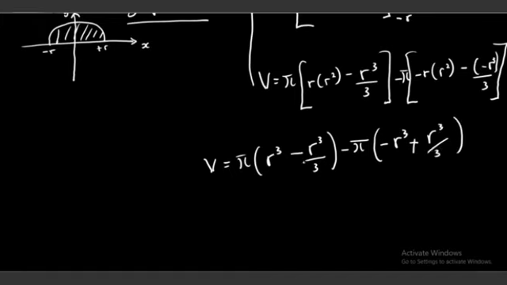Close the bracket. Then you can simply factorize out your pi. Then your volume will be pi into bracket, solving this particular one, r cubed minus r cubed over 3, and that will simply be 2 over 3 r cubed.